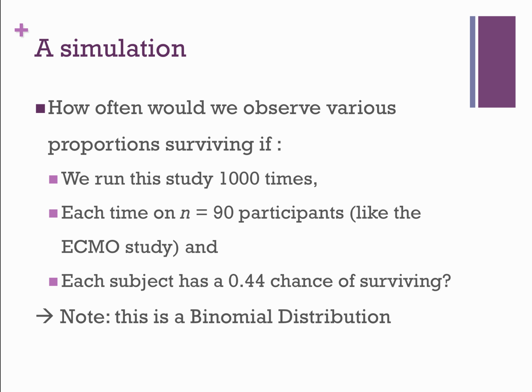Remember, this actually goes back to your distributional assumptions, and this is coming from a binomial distribution, and it's part of a Bernoulli process. So each individual person has a 0.44 chance of survival. We're going to look at 90 participants, find out how many of those survived, and then we're going to do that 1,000 times.